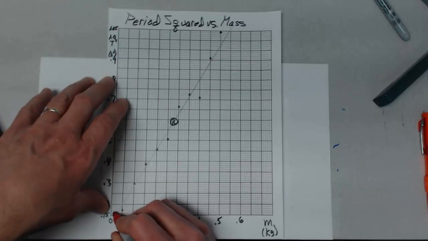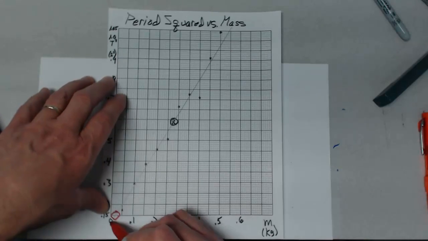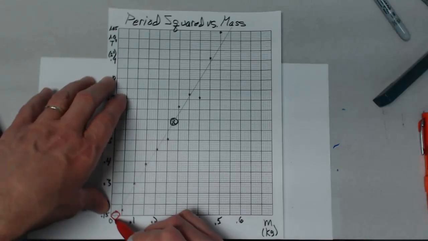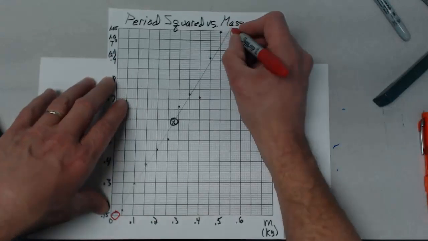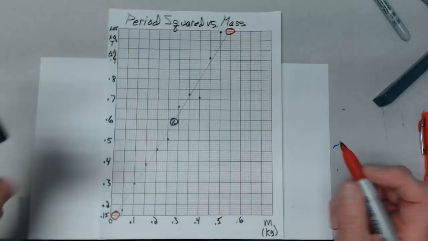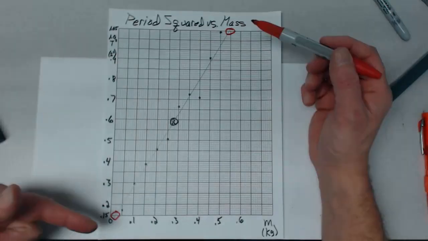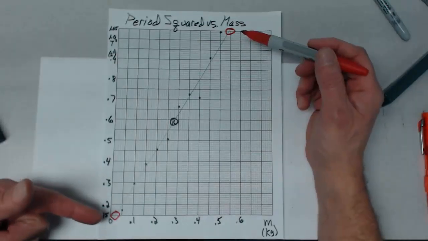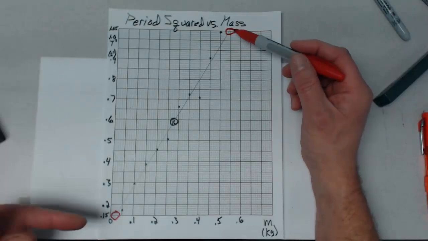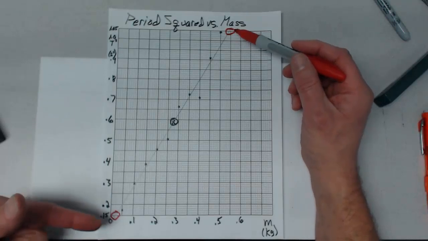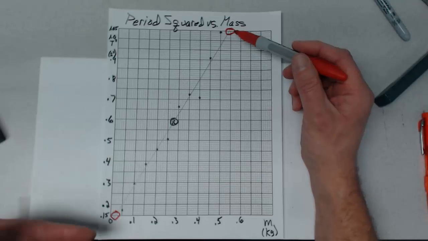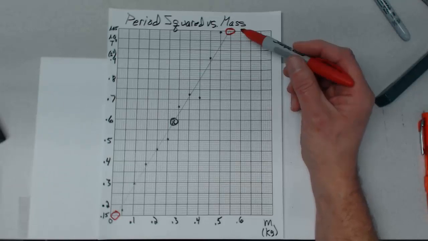And by picking a point where the line leaves the graph at one edge of the paper and where it leaves at the other edge of the paper, I get points that are as widely separated as possible. That way, whatever error comes from me reading the data point itself or the line point itself is minimized.